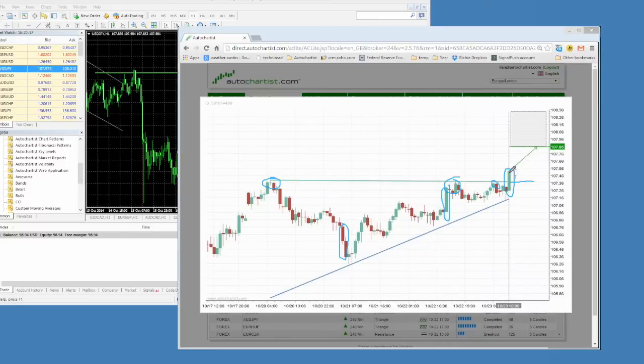The majority of the large moves in the forex market certainly happen during the European session. So I'm also not surprised that I missed this opportunity by a few hours. But certainly those of you who have been awake for the last 4 or 5 hours have seen this opportunity being alerted on your Autochartist screen as it actually happened.